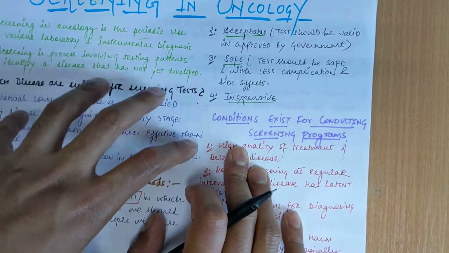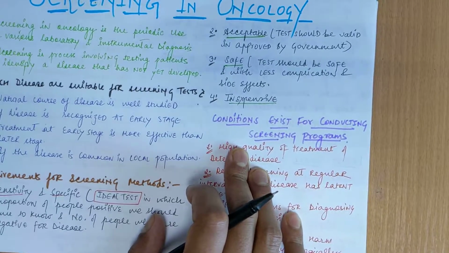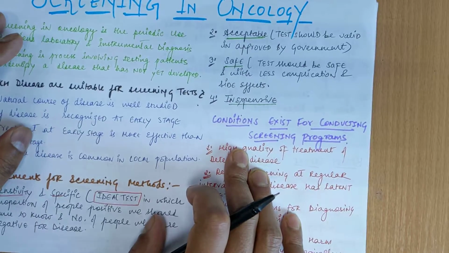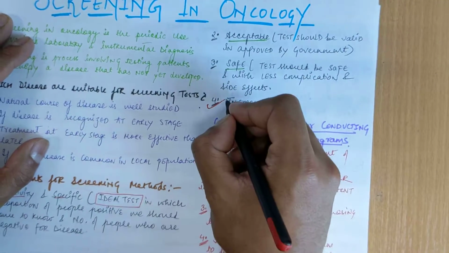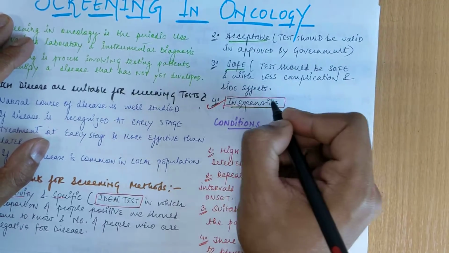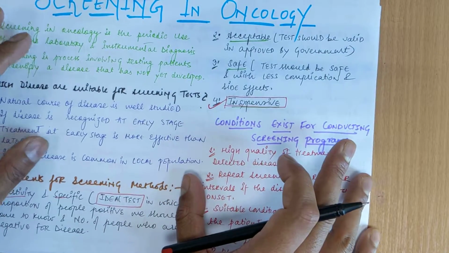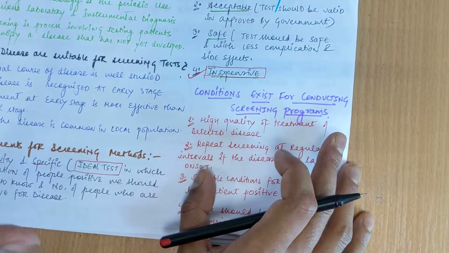The test should be safe for the patient on whom it is going to be done. Fourth, it should be inexpensive. The test should not be costly to the patient. So these are the four requirements for the screening methods.